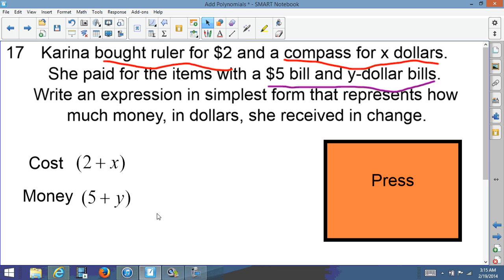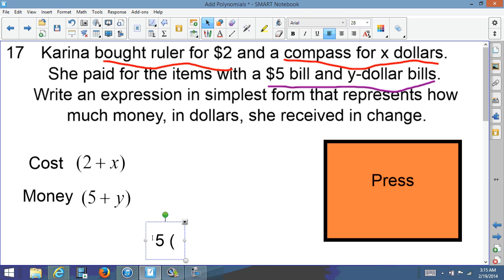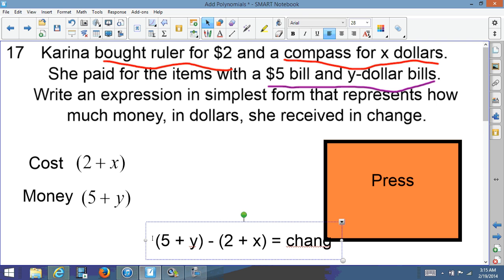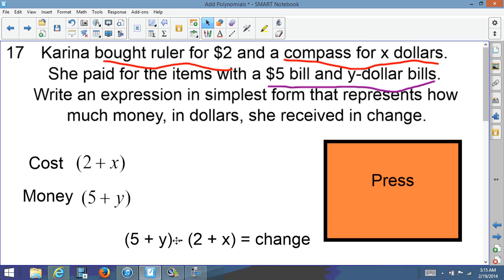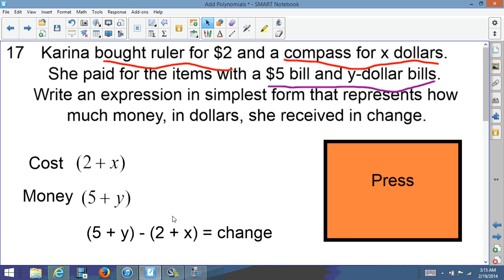So it would be $5 plus $Y minus the cost, the things that cost me, 2 plus x, and that would give me the result of how much change I get. So there would be my expression, and now I have to simplify that.